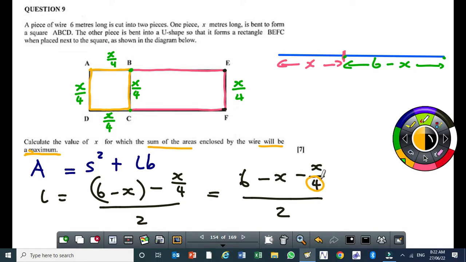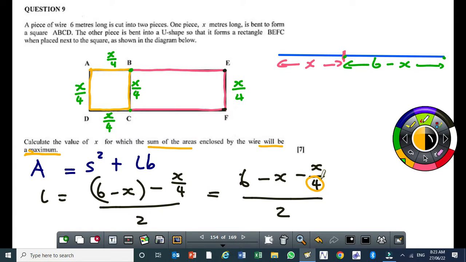So what will be the LCD of the numerator? It's going to be 4. So I have to multiply this 6 by 4, this x by 4, all over 4.